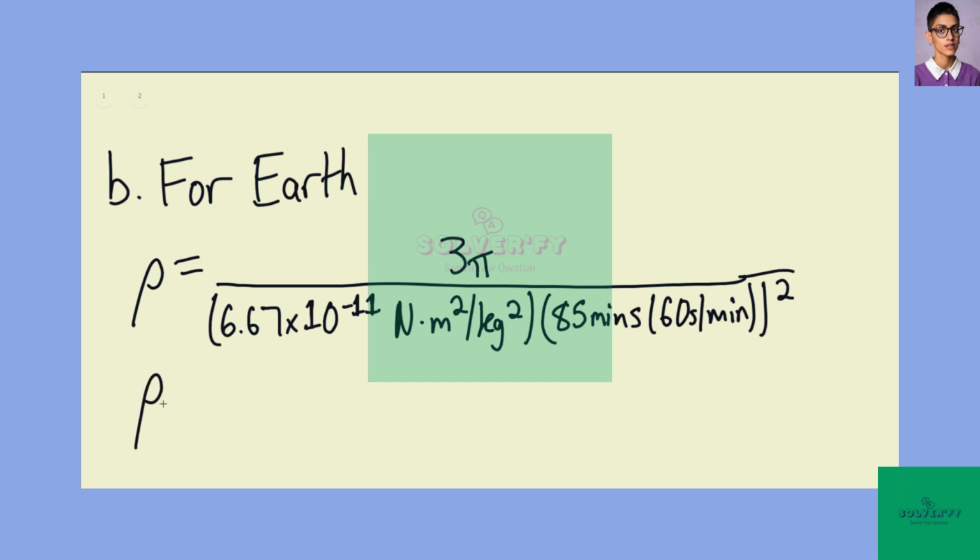And we find that the density of Earth is going to be equal to 5.4 times 10 to the third kilograms per cubic meter.